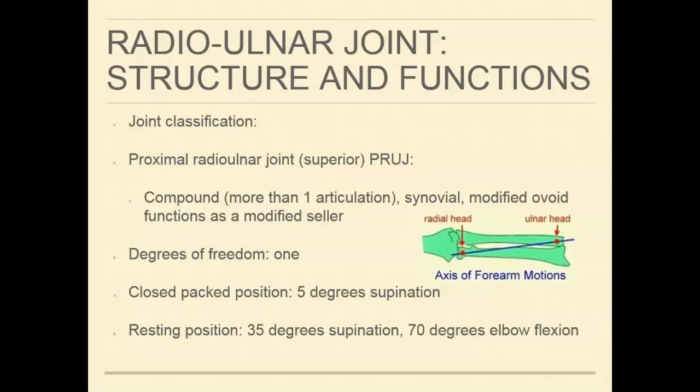It is synovial, modified ovoid, and functions as a modified cellar due to the annular ligament. There is 1 degree of freedom, which is pronation and supination. The closed pack position is 5 degrees of supination, and the resting position is 35 degrees of supination with 70 degrees of elbow flexion. The axis of forearm motion goes from the head of the radius proximally to the head of the ulna distally.